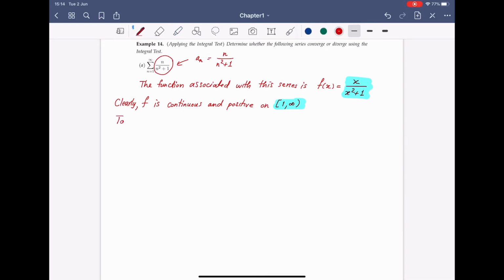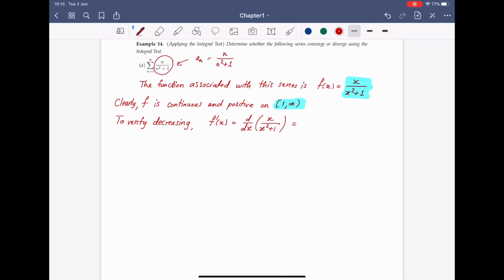Now to verify decreasing, how do you know that the function f is decreasing? You have to differentiate one time and make sure that the derivative is less than 0 from 1 on. So we differentiate x over x squared plus 1 using the quotient rule.